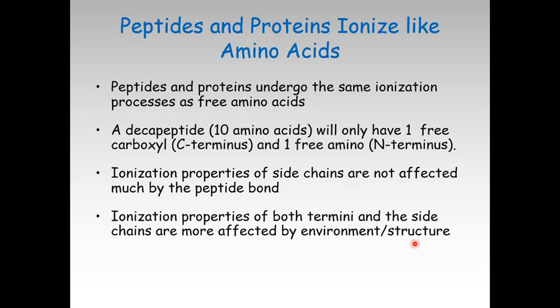And in this case, if a hydrophilic amino acid happened to be in the interior of the protein, the environment tries to decrease the pKa of that hydrophilic side chain, so that it loses a charge, becomes neutral, and is happy in a hydrophobic environment. We'll talk more about this later on.